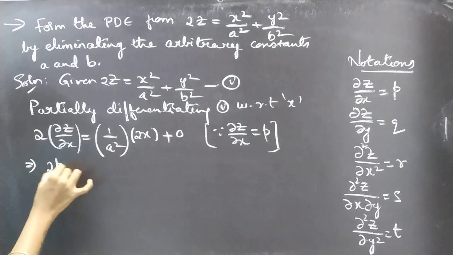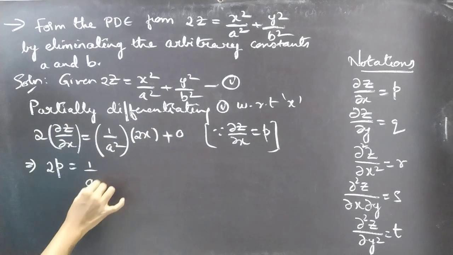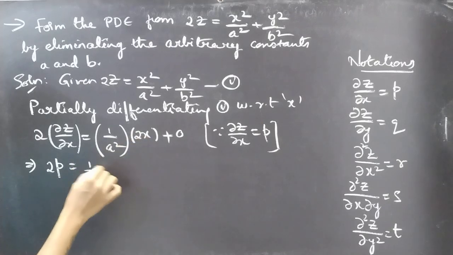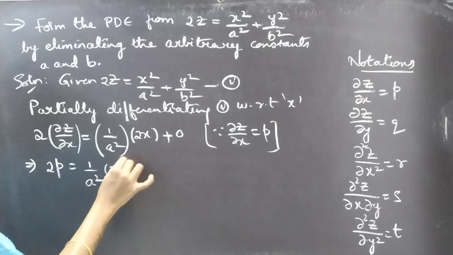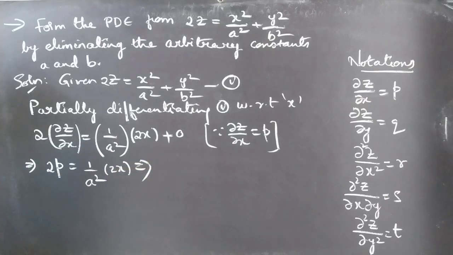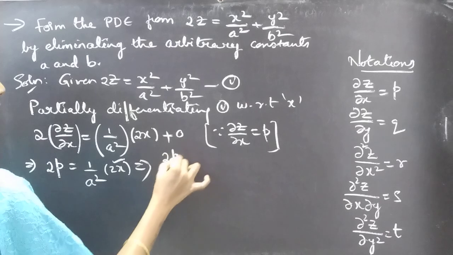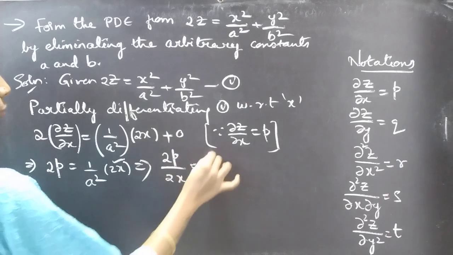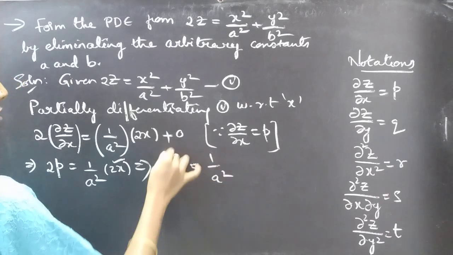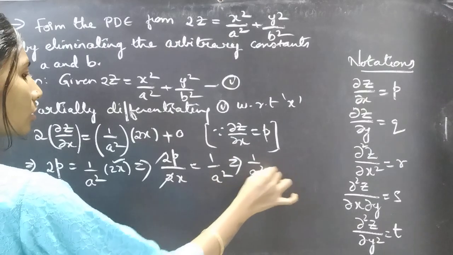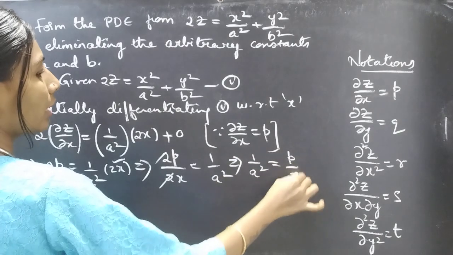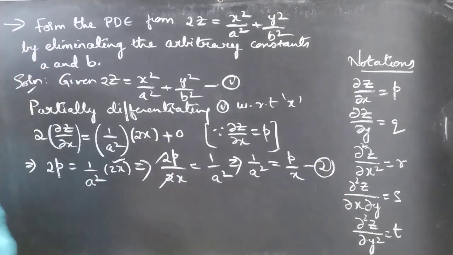You'll get 2p equal to 1 by a square into 2x. You can just take this 2x to the LHS, then you'll get 2p by 2x equal to 1 by a square, where 2 gets cancelled, and you can write this as 1 by a square equal to p by x. Consider it as equation 2.